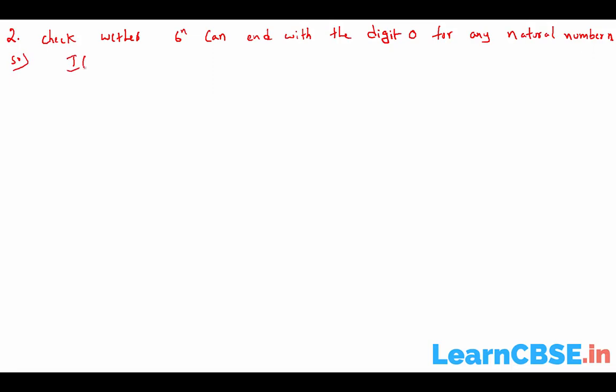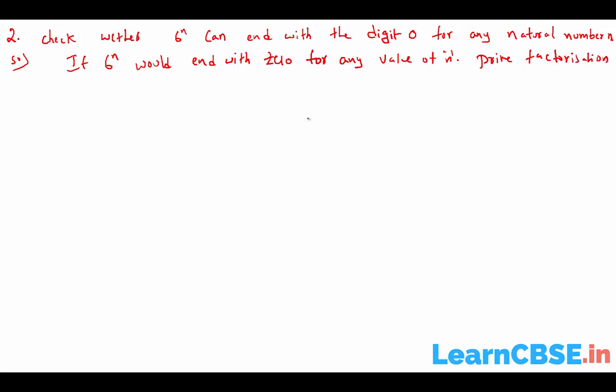If 6 power n would end with 0 for any value of n, the prime factorization of 6 power n should contain 5.